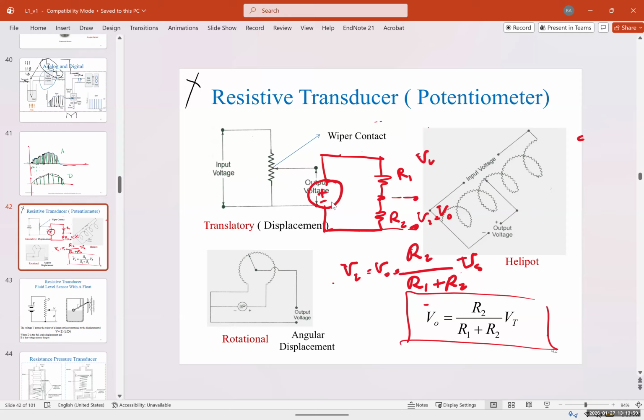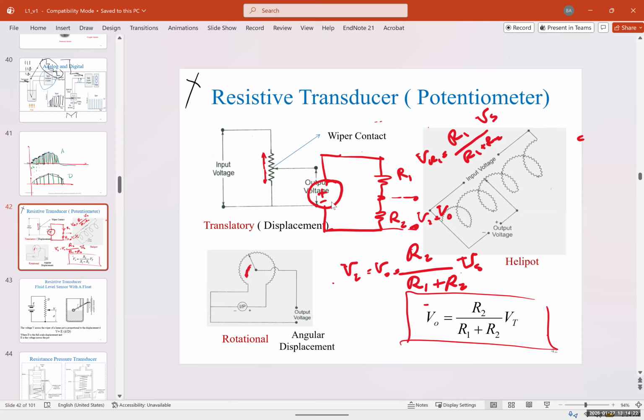Now, if I want to find VR1, it's going to be R1 over R1 plus R2, times Vs. So if I start moving this needle up and down, I'm reducing one and increasing the other one. Therefore, I'm adjusting the output voltage. By moving the potentiometer knob, I'm changing R1 and R2, therefore I'm changing the output voltage.